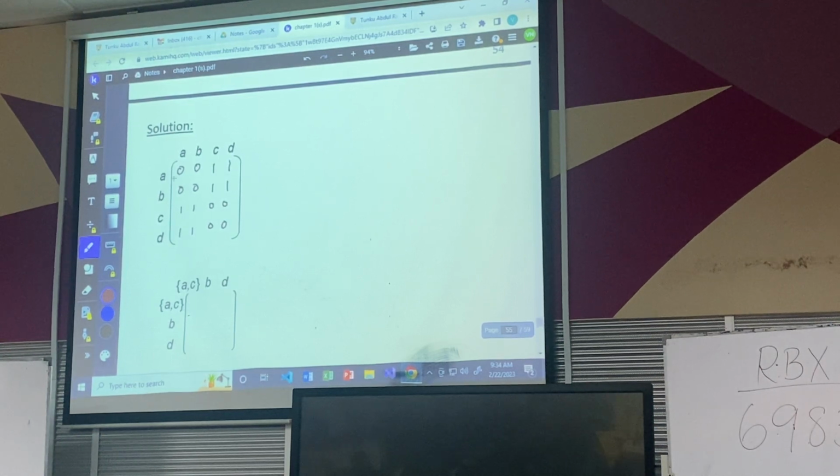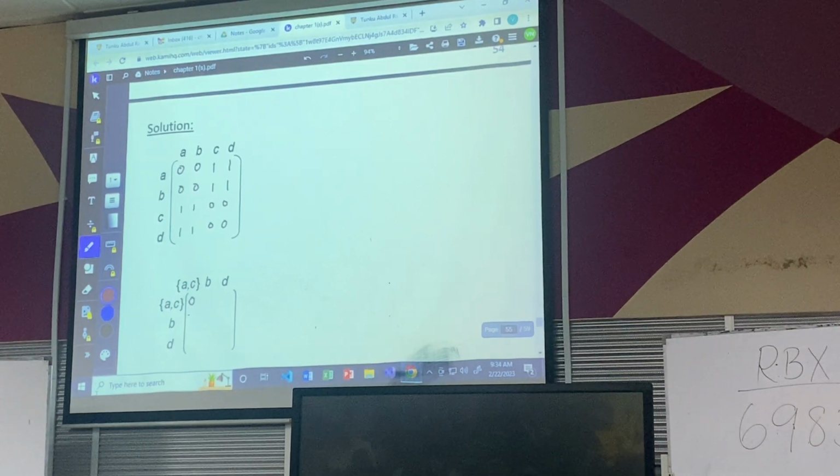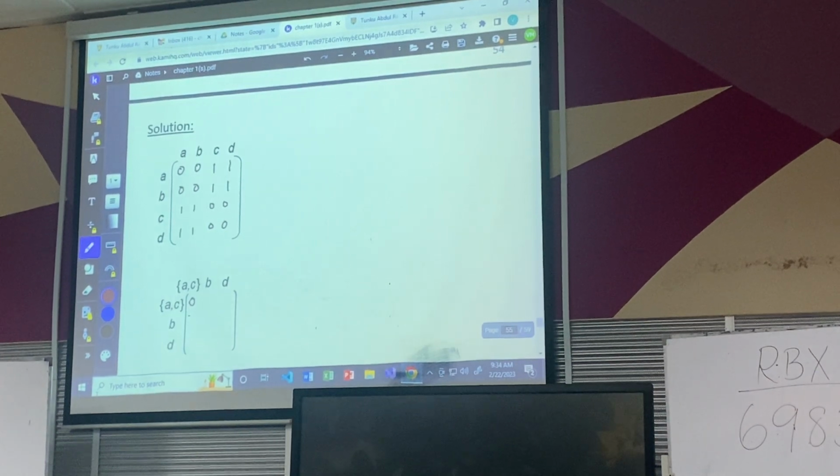Now, if we want to combine the matrix, A and C becomes one vertex. So AC to AC here must be 0, because it must be irreflexive. AC cannot go back to AC.